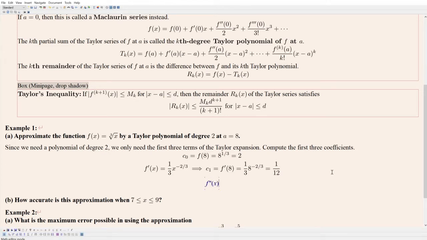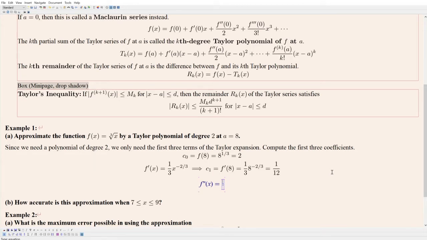Okay, next we take the second derivative. And at this point, we don't need to go any further. So bringing down that, we get negative 2/9 x to the negative, subtracting 1 again, 5/3.